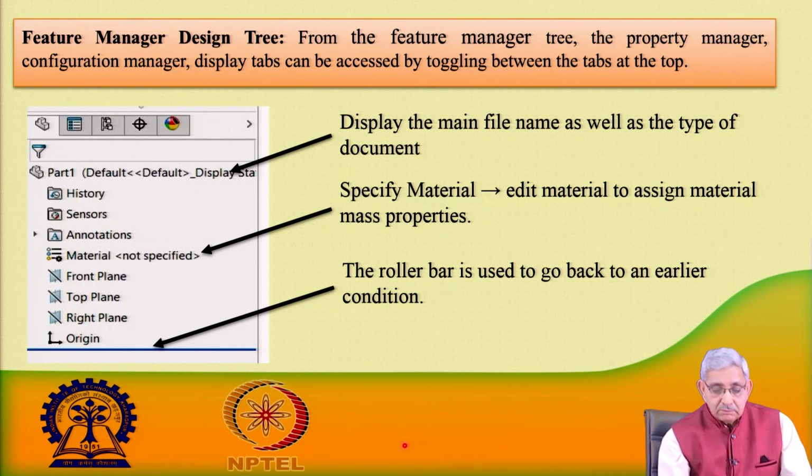We will be generating the file, and this file's name will be given, then we will specify the material assignment and mass property, what is the type of material which we are making. So, we will assign the material property. A roller bar is used, which is given to go back to the earlier condition. This kind of provision is there in the software.